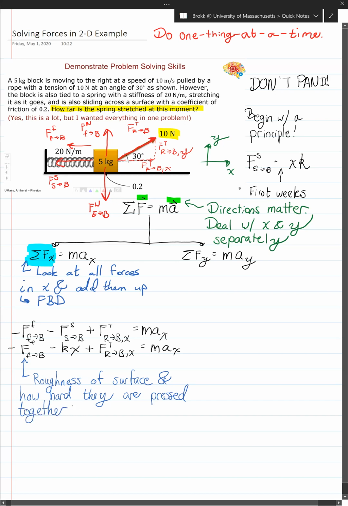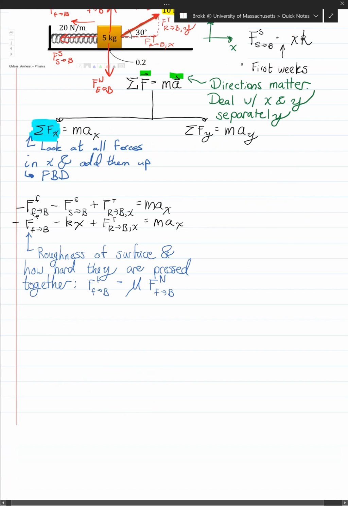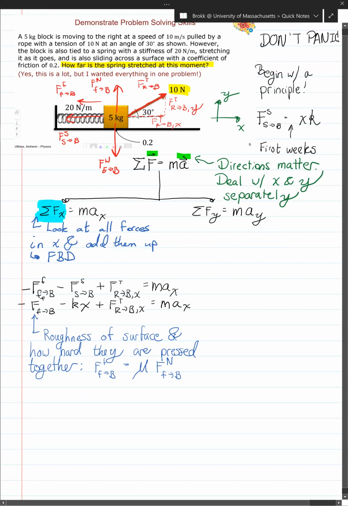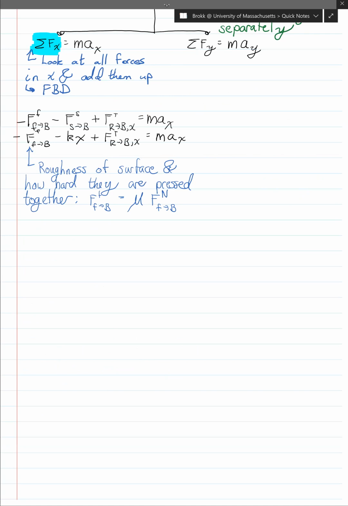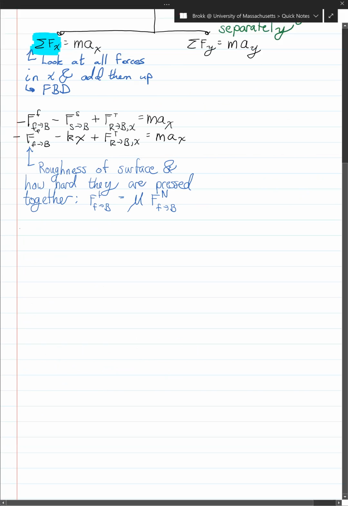Again, we did this the first week. So translating that sentence into mathematics, we have a force of friction from the floor on the box. Well, that depends on the roughness of the two surfaces and how hard the floor is pressed against the box. Well, a press of one object on another is a normal force. That's what a normal force is, it's one object pressed on another. So we can now go on and put that in.